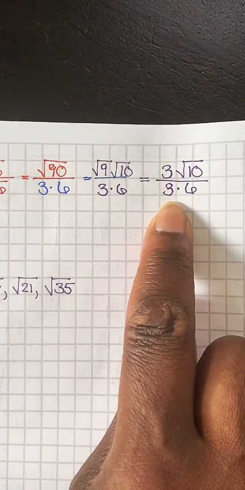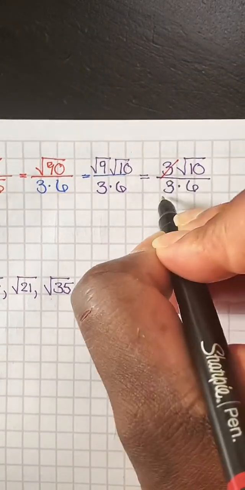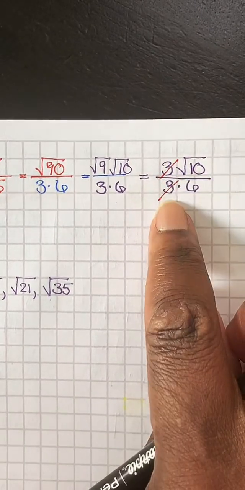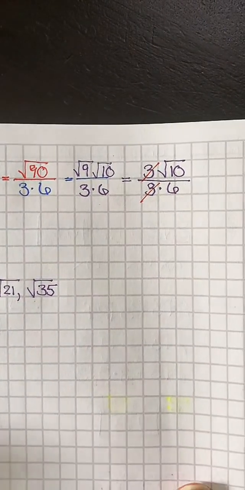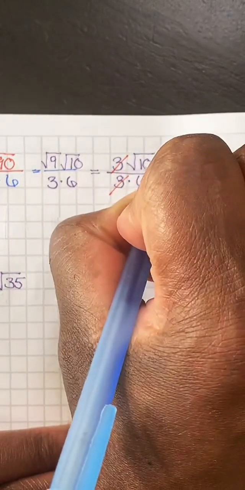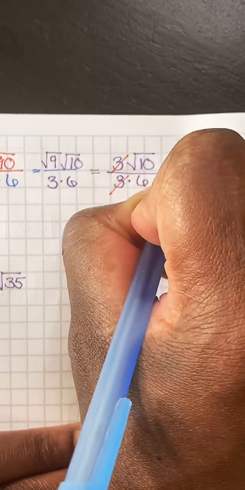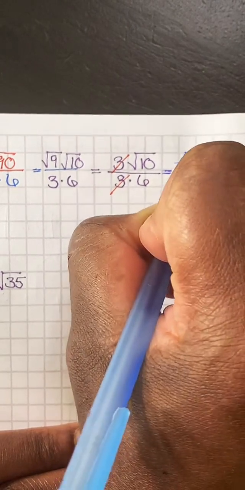Once we got here, all we have to do is simplify. 3 divided by 3, because we can do whole number with whole number, will cancel out. And then our final answer is going to be square root of 10 over 6.